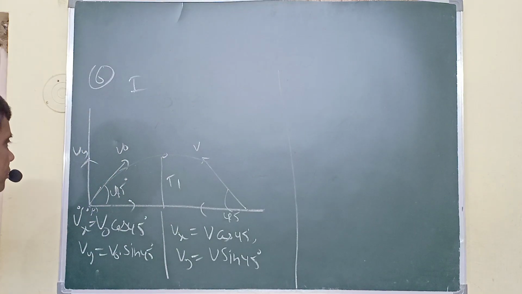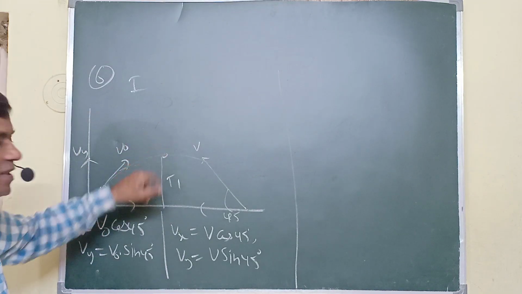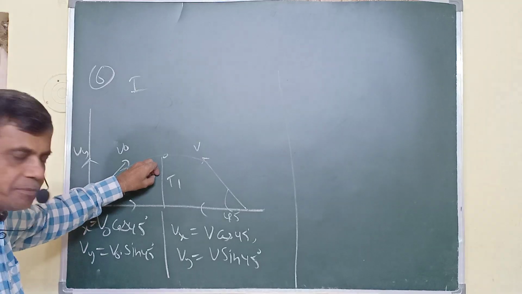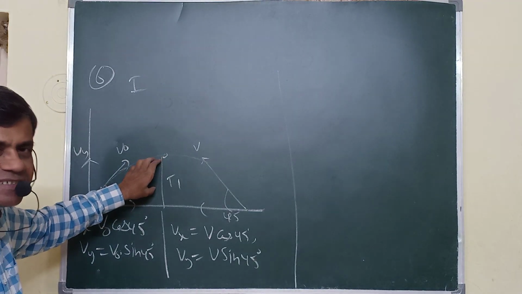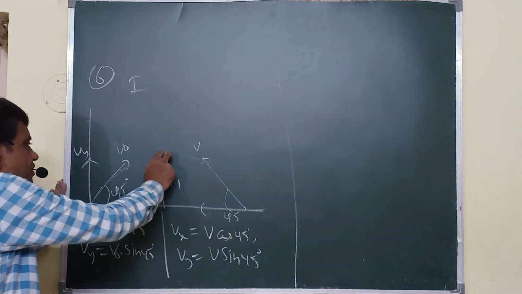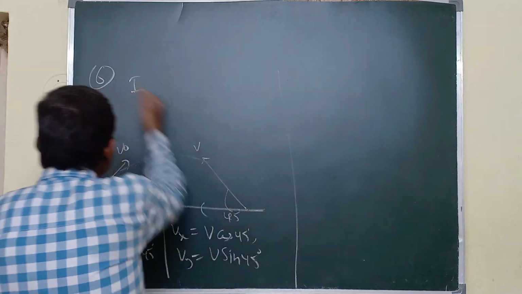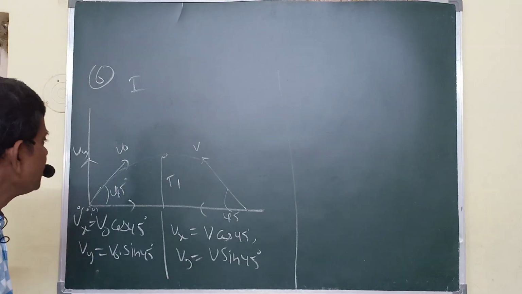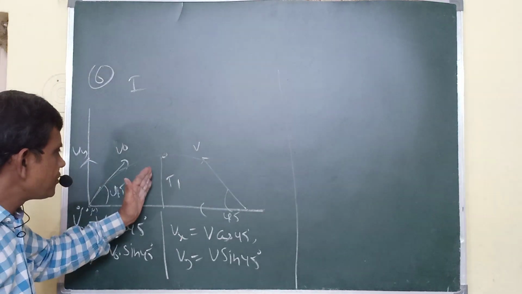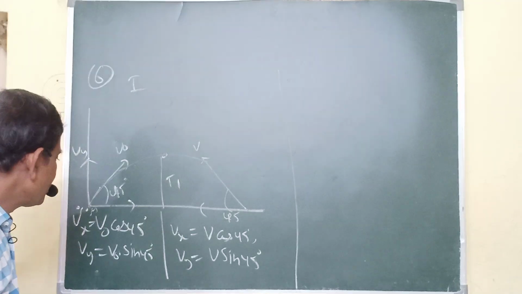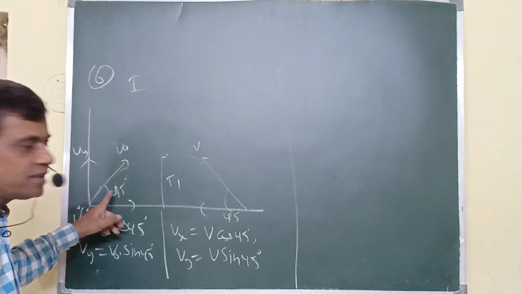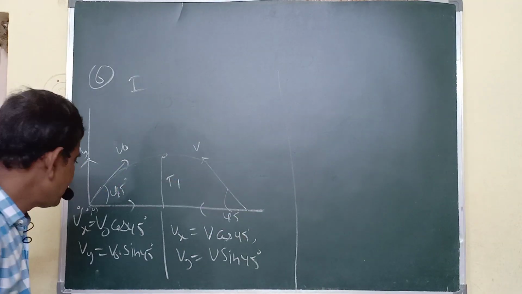I have already explained this. At the meeting time, they reach the same height, a particular height, which is not the maximum height. Maximum height is different. So that particular height and time are the same, the meeting time. So the vertical components are equal.